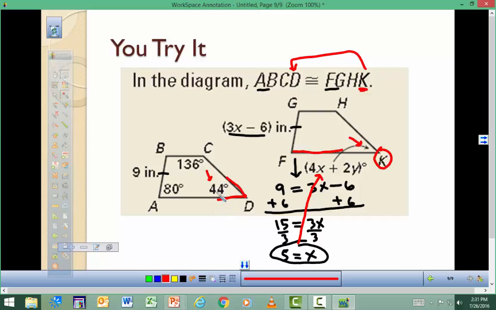So this angle and this angle must be equal, and that gives us another equation. 44 must equal 4x plus 2y. But we just found out that x is equal to 5. If that's a 5, that makes this 20, plus 2y equal to 44.